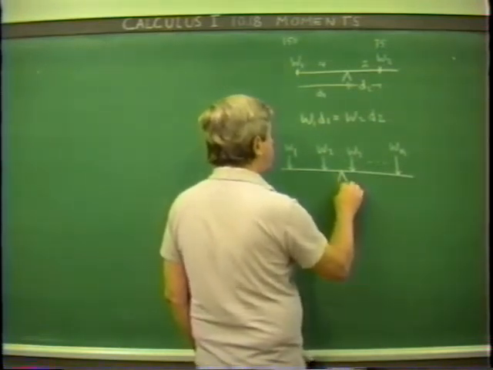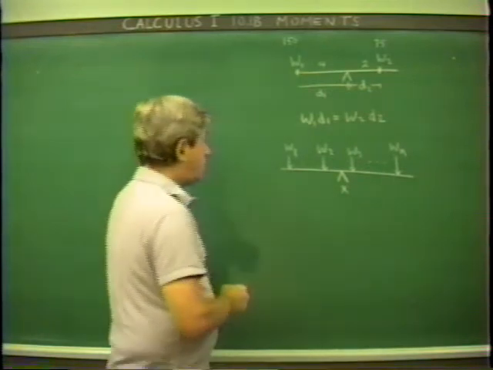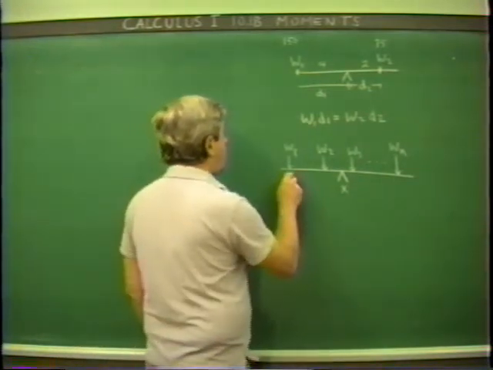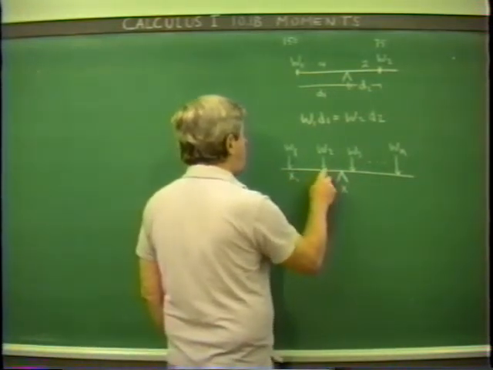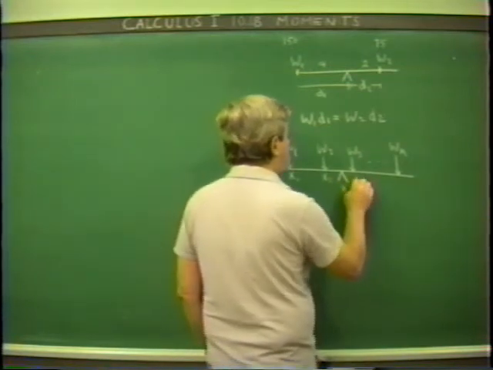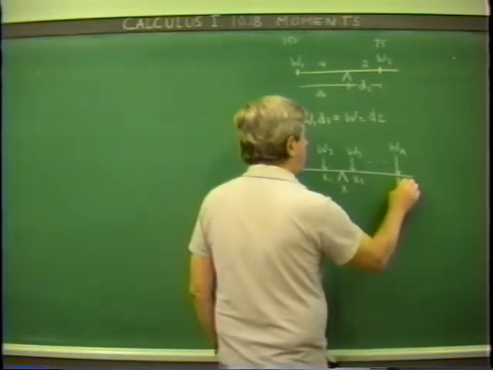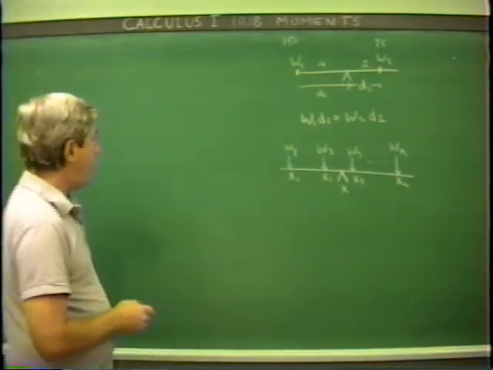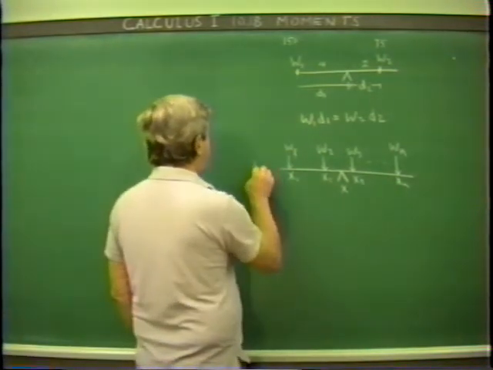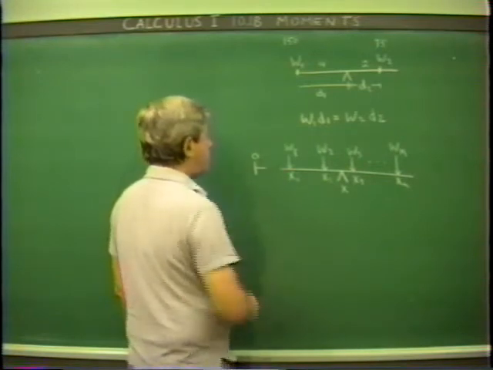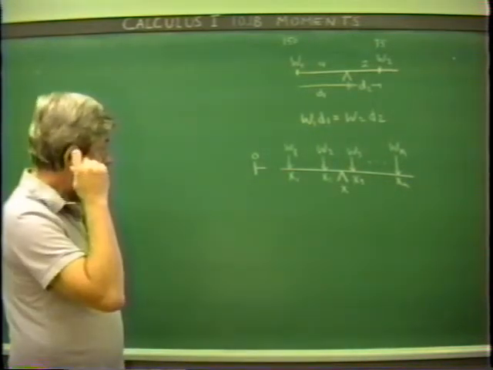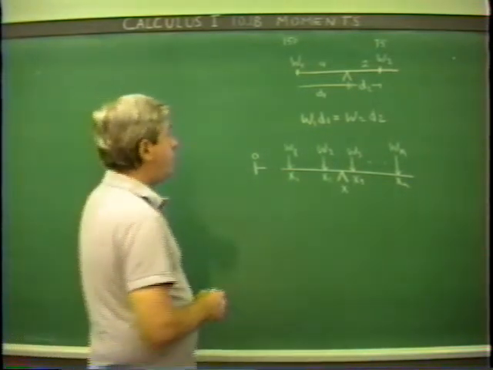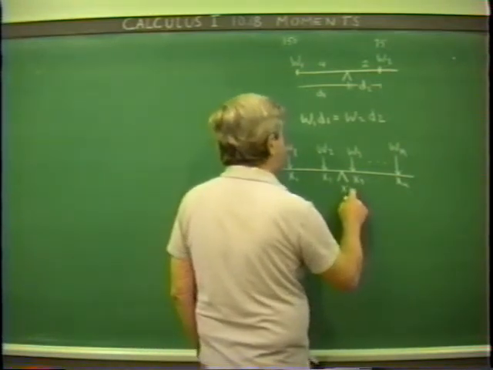And we want to see what happens here if we place a balancing point here, which is called a fulcrum, at a point X. And let's suppose that these weights are located at X1, X2, X3, up through Xn. All right? Where perhaps 0 is over here.